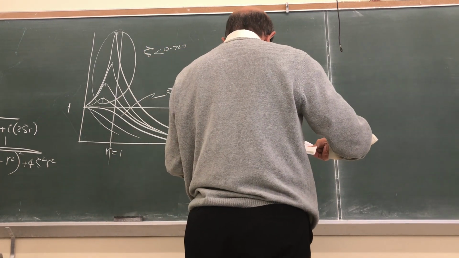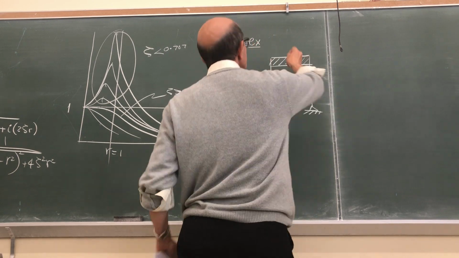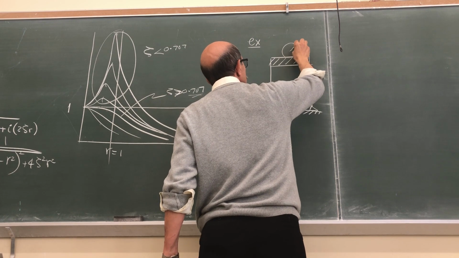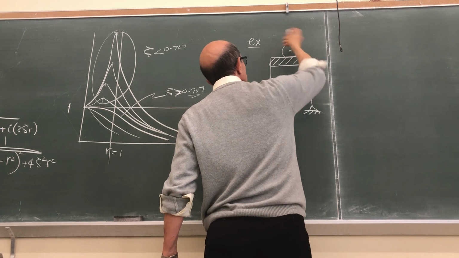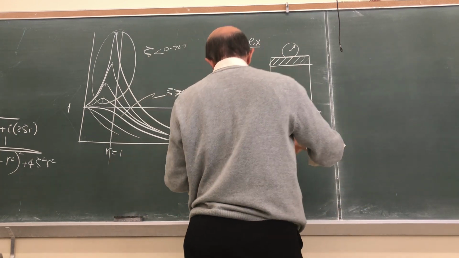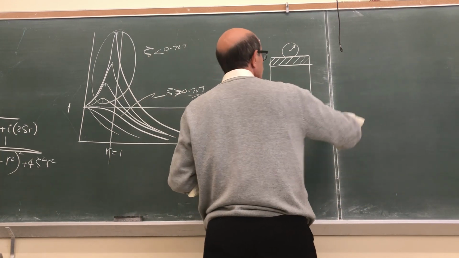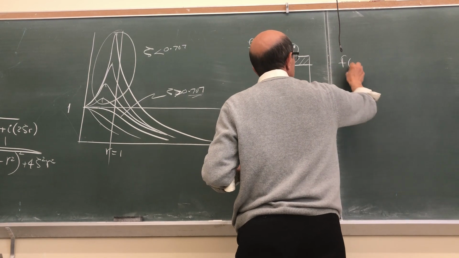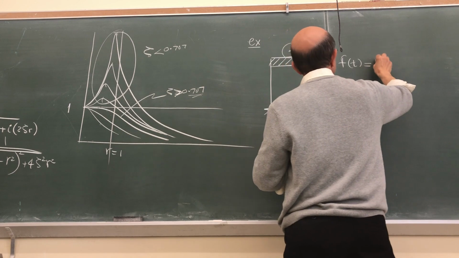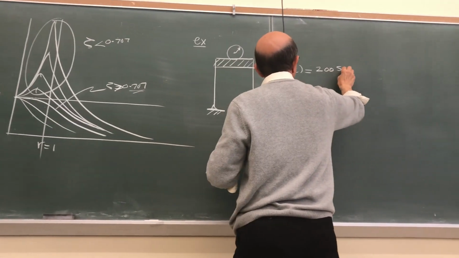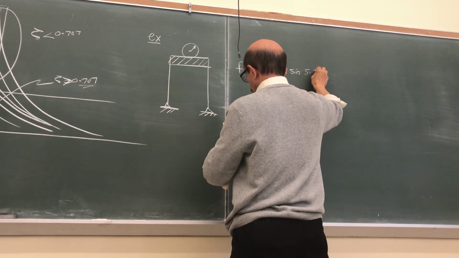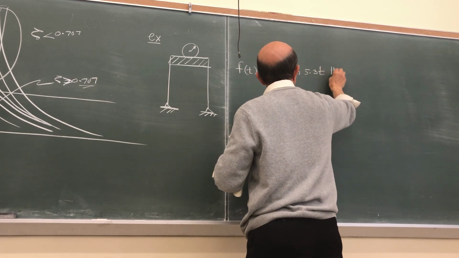So what we have here is supporting some rotating machinery. This rotating machinery exerts a force that looks like this: F of t is 200 sine of 5.3 t pounds.